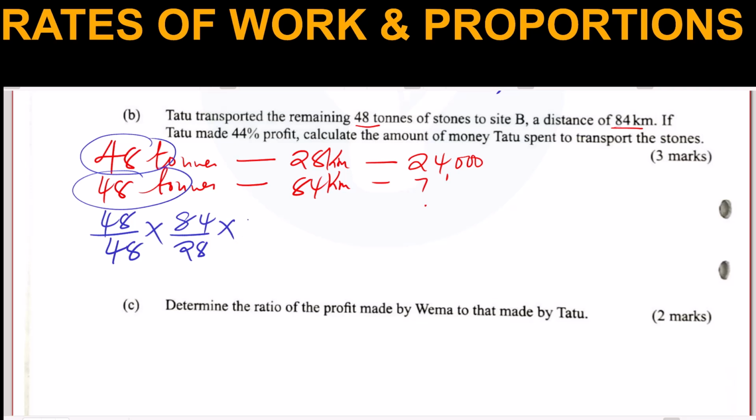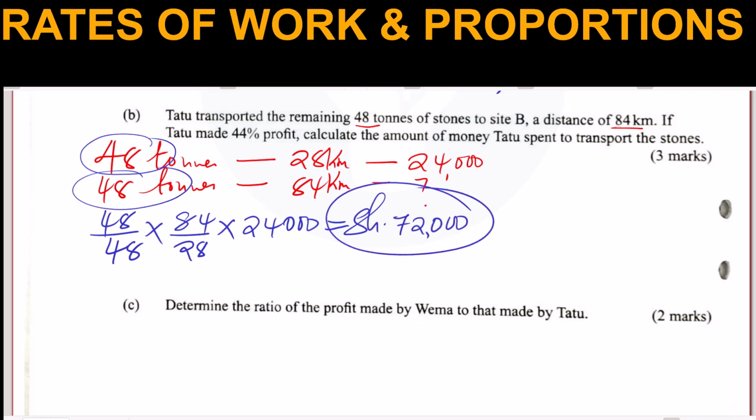Then we multiply by the amount paid. When you multiply this out, you get 72,000. This is the amount that was paid to Tatu.